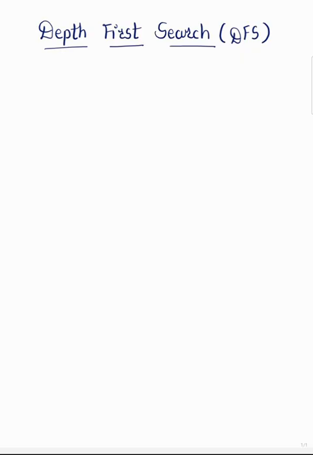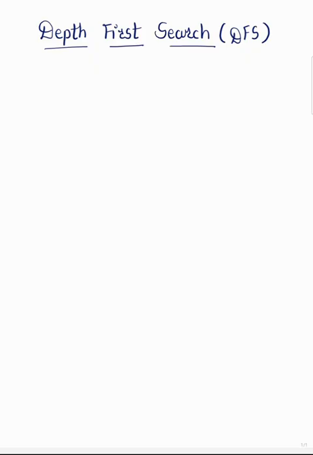So it returns to the most recent node that has not been completely explored. If you have explored one path of that node but the second path is still remaining, then we backtrack up to that node and explore the other path. So that is the process that we follow in depth first search.